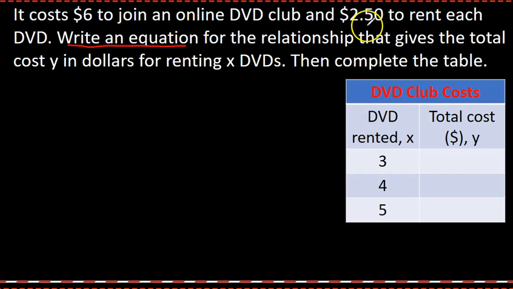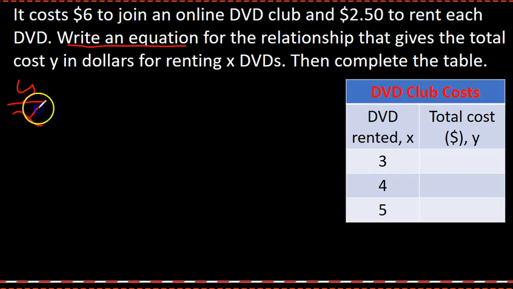So we know the input is x, so y is the output over the input. The input is independent, the output is dependent. The dependent stays on top, remember that?